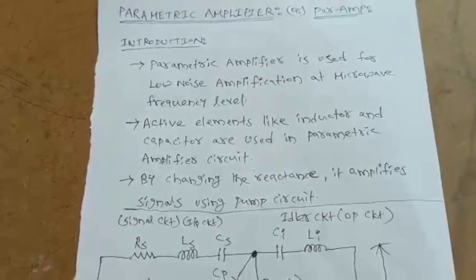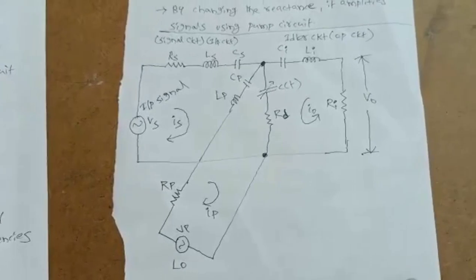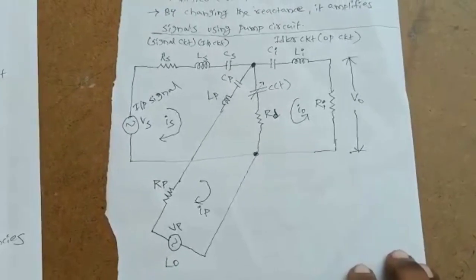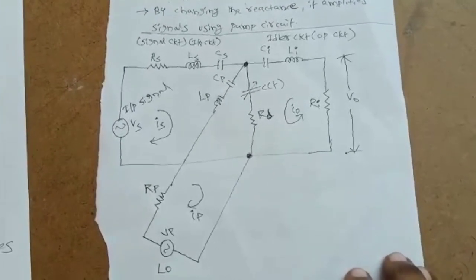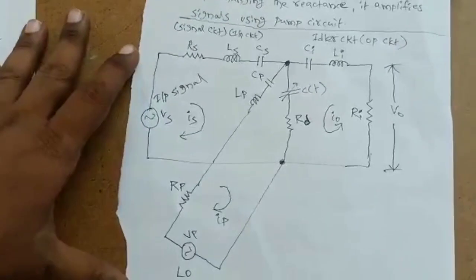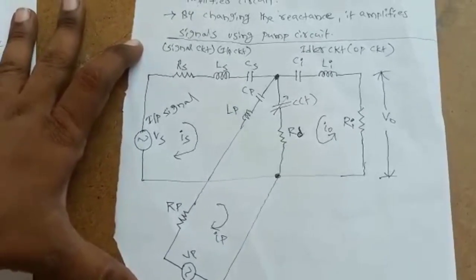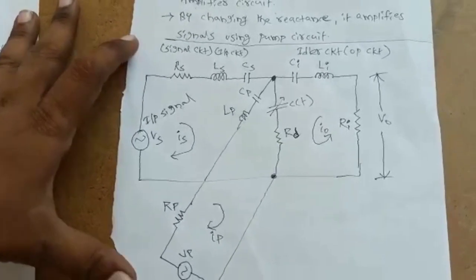So first see the circuit diagram of the parametric amplifier. In this diagram you can see the different components of the circuit.